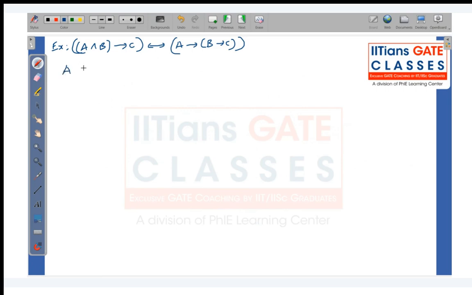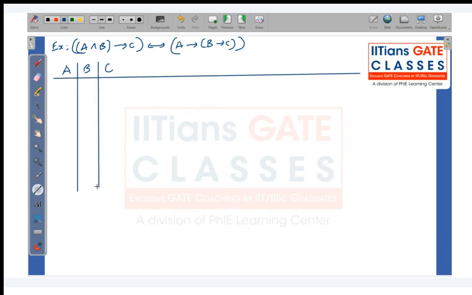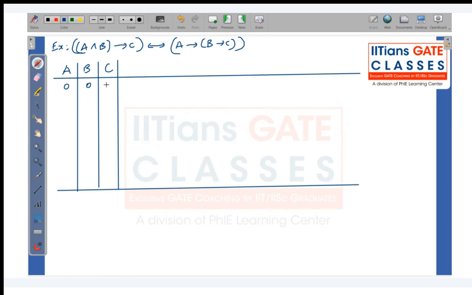To do that, simply construct the entire truth table. So 0 0 0, 0 0 1, 0 1 0, 0 1 1, 1 0 0, 1 0 1, 1 1 0, and 1 1 1.